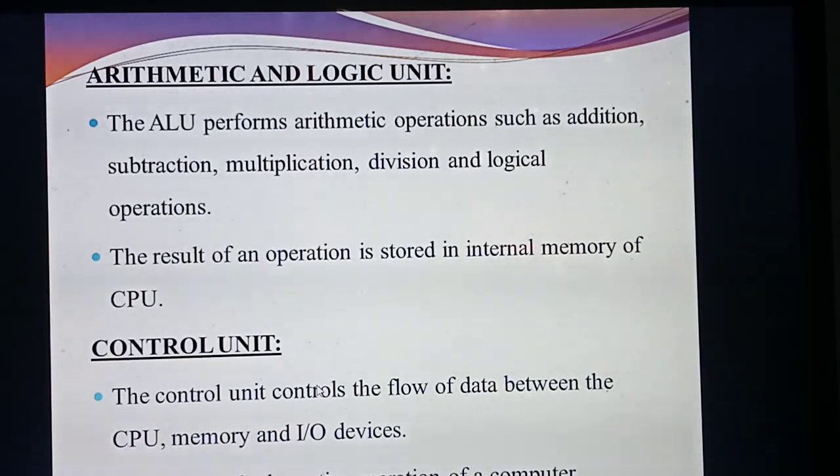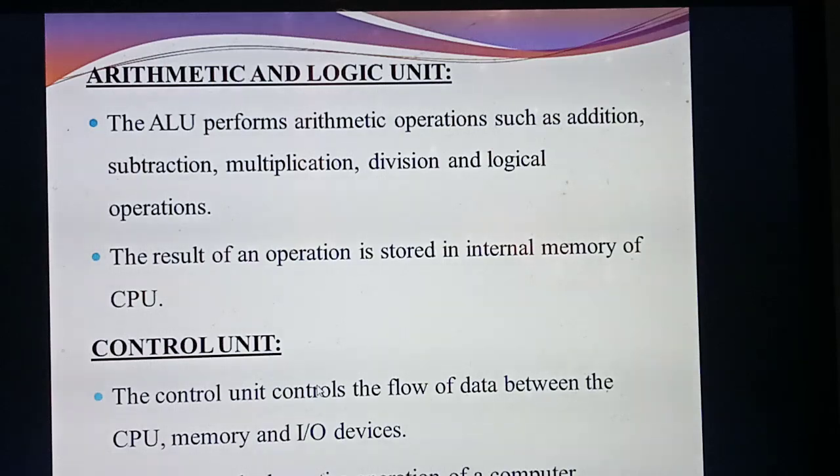So you have studied two points about the control unit. What are they? The control unit is used to control the flow of data between the CPU, memory and input device, and also it will control the entire operation of a computer. Understood? Understood or not? Okay.